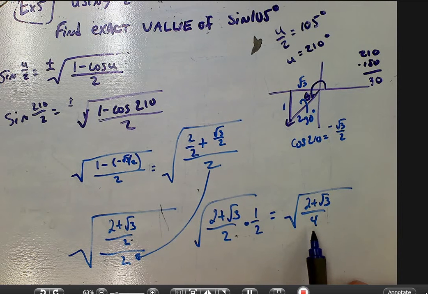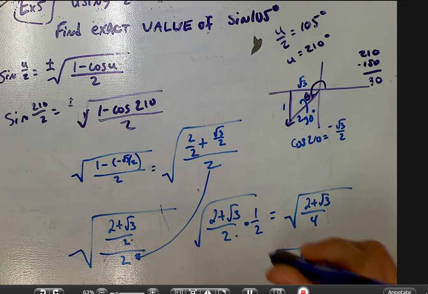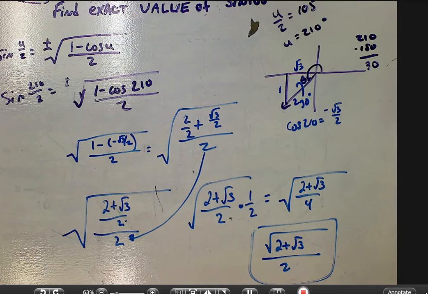I can square root the 4 because it's on the bottom, make it 2, so it becomes the square root of 2 plus the square root of 3, all divided by 2. And that is the exact value of the sine of 105 degrees.